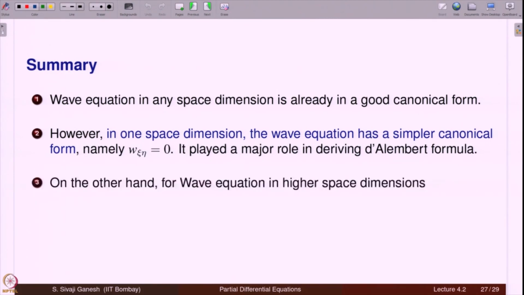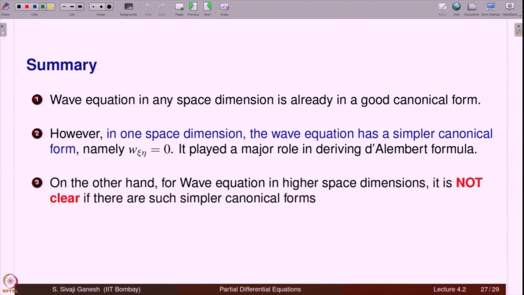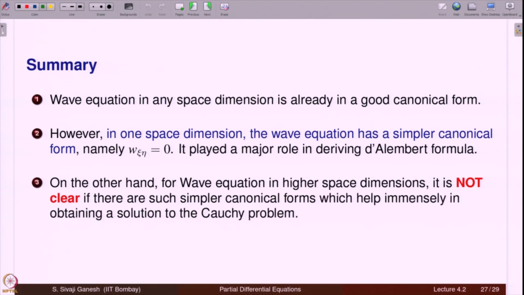On the other hand, for the wave equation in higher space dimensions, that is dimension 2 onwards, it is not clear if there are such simpler canonical forms. This aspect we discussed in chapter 3.